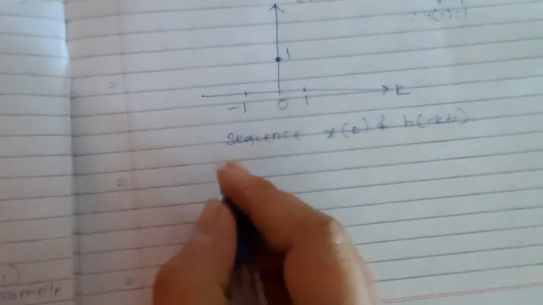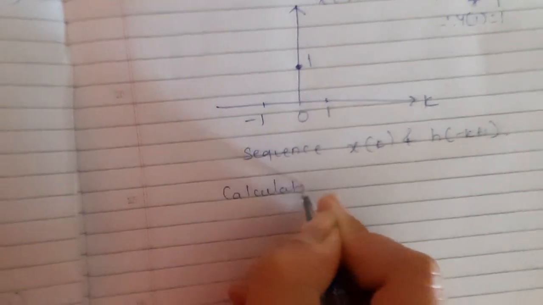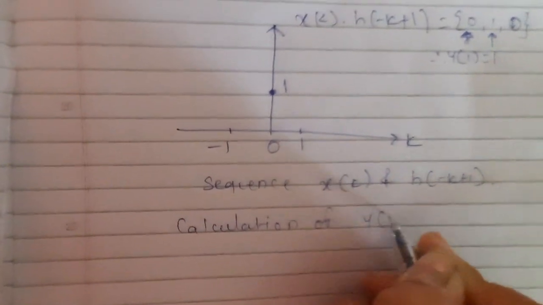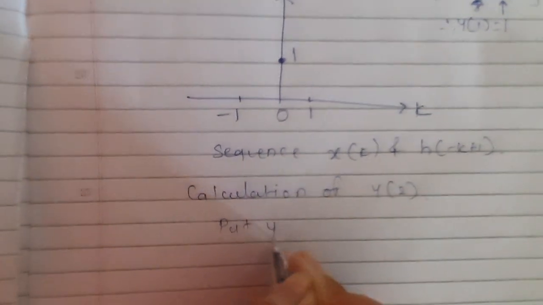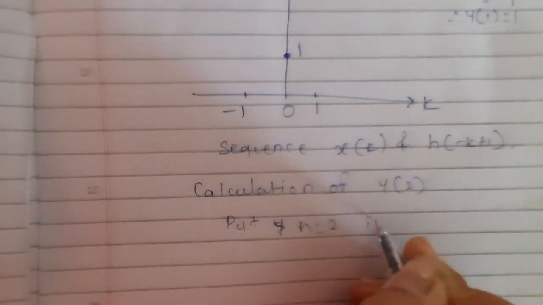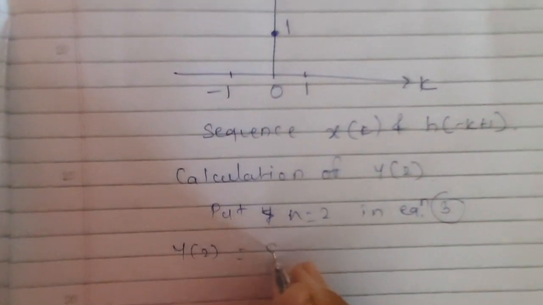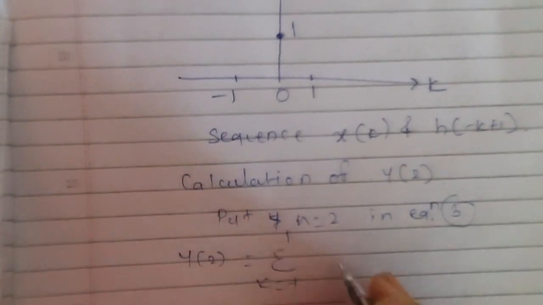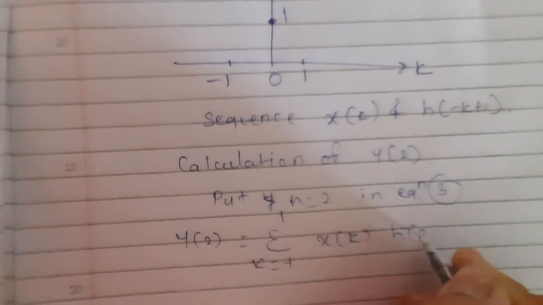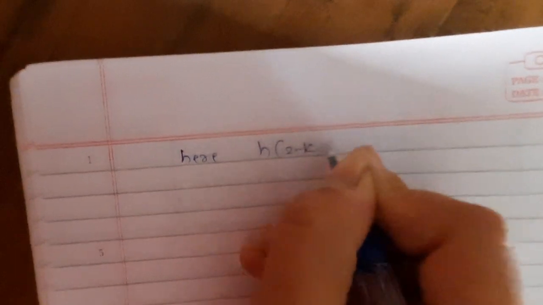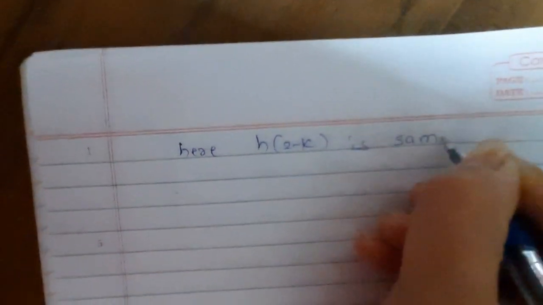So next part is calculation of y of 2. So we put n equal to 2 in equation 3. So the equation will be y of 2 is equal to summation k changes from minus 1 to plus 1 x of k h of 2 minus k. Now here h of 2 minus k is the same as h of minus k plus 2.